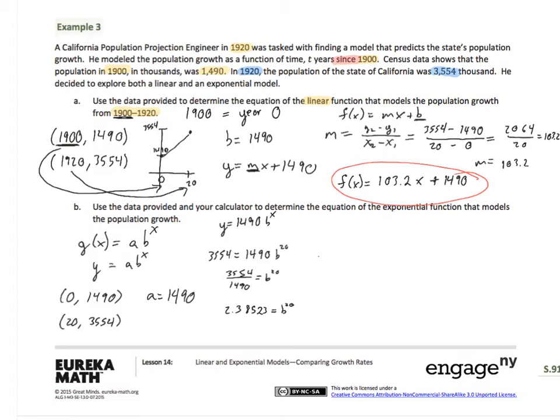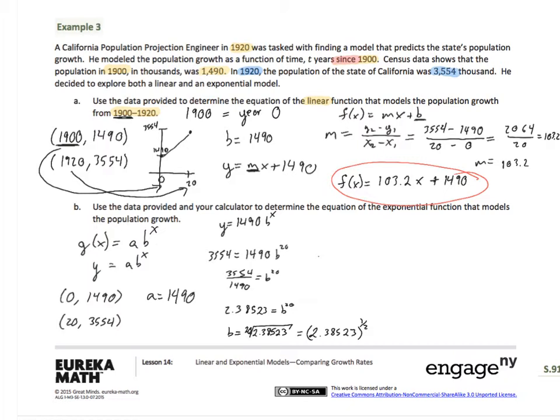So again, I know that I can do b equals, I'm going to take the 20th root. So 2.38523 to the root 20, which is the same thing as 2.38523 to the 1 over 20.